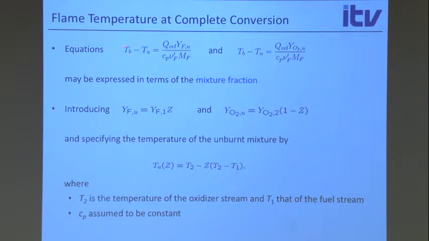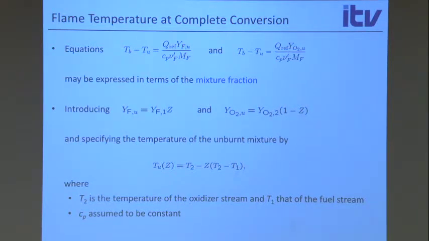Let's see. So now what we can do also, I have this relation between the temperature and the fuel mass fraction for lean mixtures, and temperature and oxygen mass fraction for rich mixtures. But earlier we had these relations here between fuel mass fraction, oxygen mass fraction, and mixture fraction. So I can plug these in here, and then I get a relation between the temperature and mixture fraction.